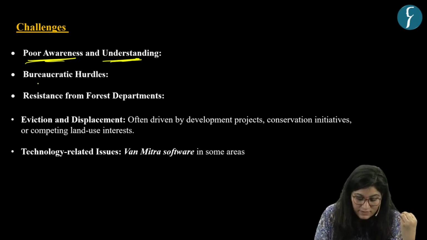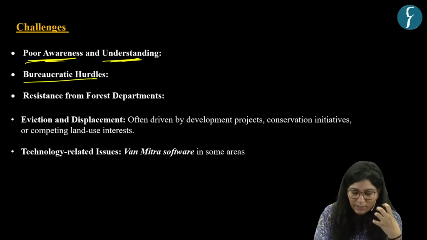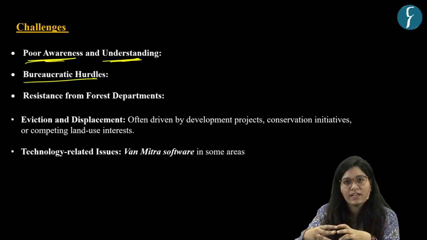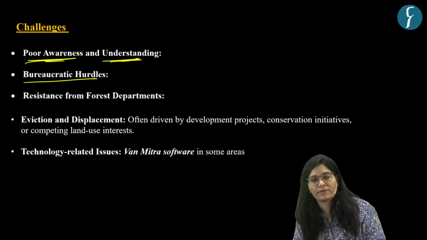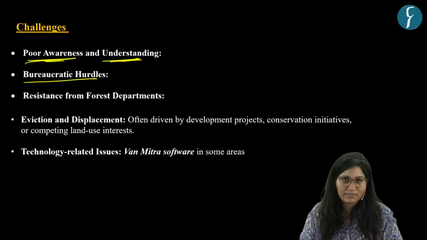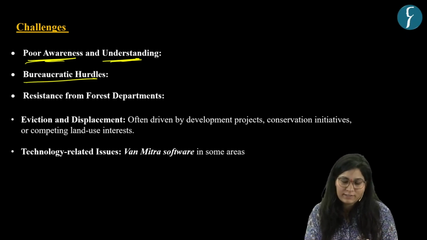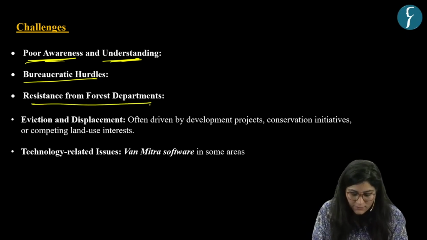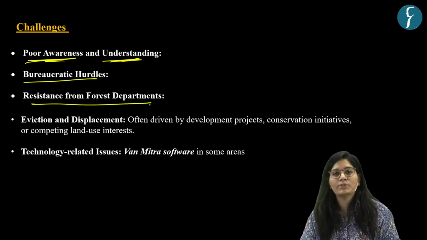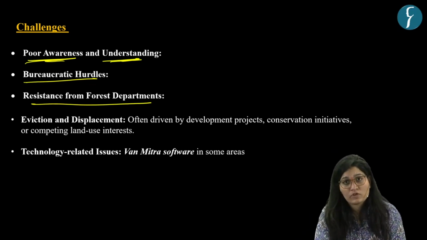Then, there's a bureaucratic hurdle. How is there a bureaucratic hurdle? Because recognition and verifying will take a lot of time, and it will lead to the slow implementation of this act. So there is a bureaucratic hurdle. Then resistance from forest department. As I told you, now power is with the community, which became part of the decision making process.